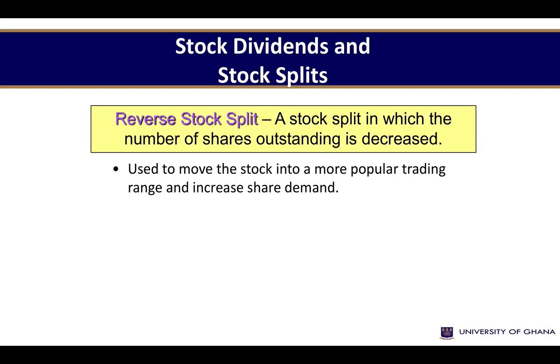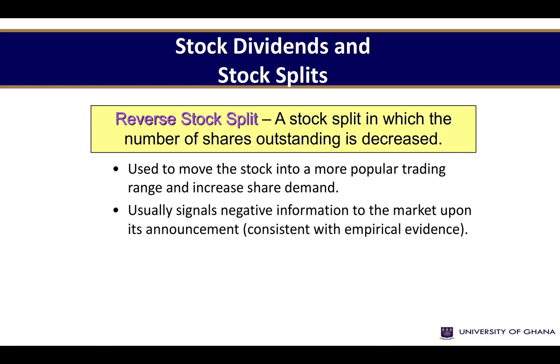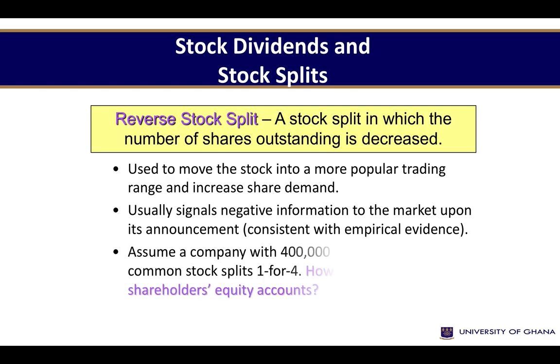Normally we use this to move a stock into a popular trading range and increase demand, depending on what is on the ground. But it may actually signal negative information to the stock market. We can also look at an example where we have 400,000 shares at 5 par value, and it's placed 1 for 4.